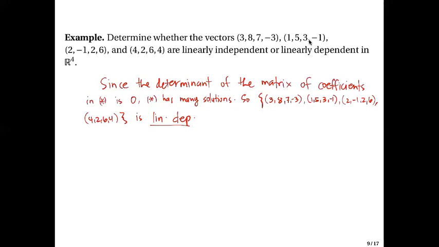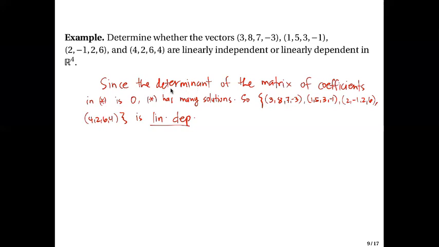Yes, question? Yeah, I don't understand why, if the solution was zero, it means that it was linearly dependent. We were using the theorem. It's not the solution, it's the determinant. Okay?